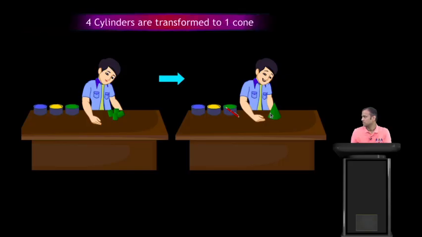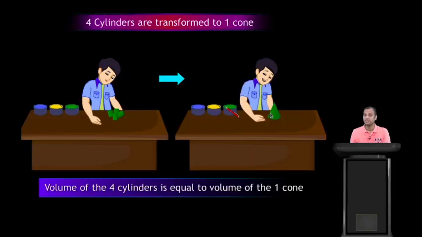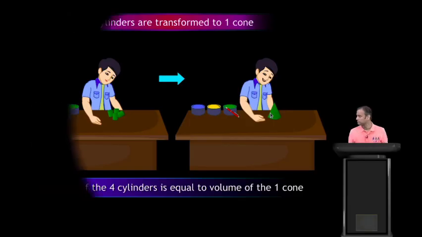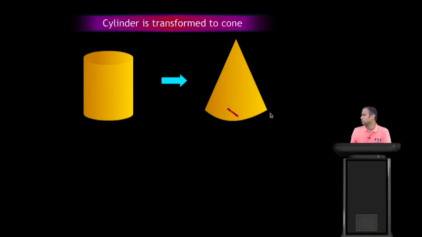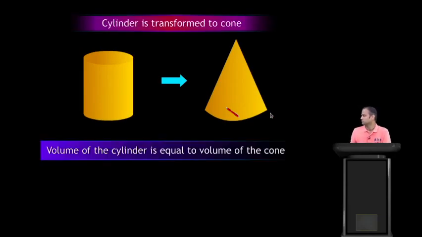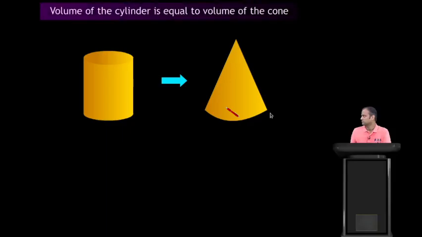So here we can say that 4 cylinders are transformed to one cone. So what does it mean? Yes, very good. The volume of the 4 cylinders is equal to the volume of one cone. So the volume of these 4 cylinders is equal to the volume of that one cone. So here the cylinder is transformed to a cone, and the volume of the cylinder is equal to the volume of the cone.